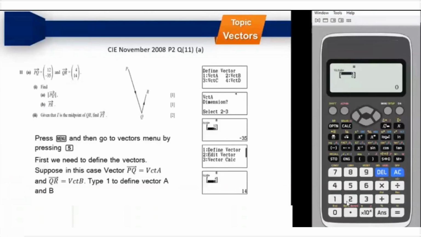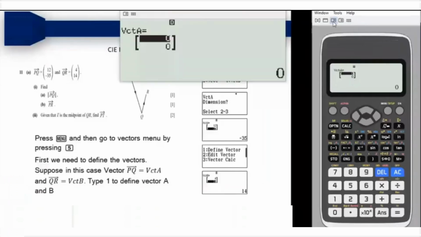So PQ is vector A, and it is 12 equals, minus 35 equals. Agreed? So I have defined the first vector PQ, and to define the first vector PQ, I have pressed 12 and minus 35 respectively.